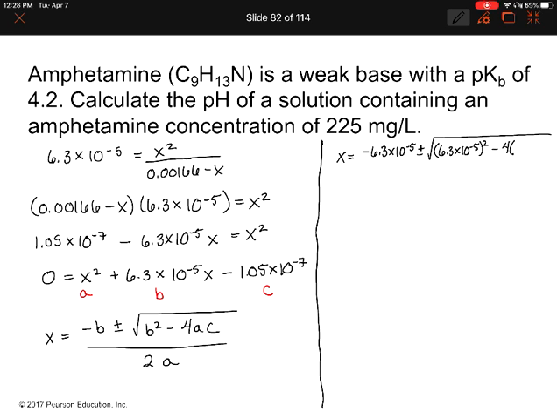For 4ac, a is just 1, so I'm going to leave that out. And then we divide that all by 2. If you want to pause and try to solve this for the values of x here, you can. I'm going to leave out the math here since we have limited space.